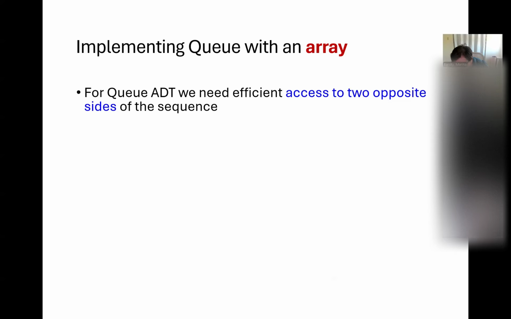Is it the end again? At the end. Okay, so see, the array is not a very nice data structure. At the end, I can add and remove easily. In the beginning, I can't add or remove easily because it requires me shifting elements. So array is not a very appropriate data structure, it seems, to implement a queue because I need two different ends. No matter which end I choose, one of them is going to be the end at which I add, and another is going to be the end from which I remove.